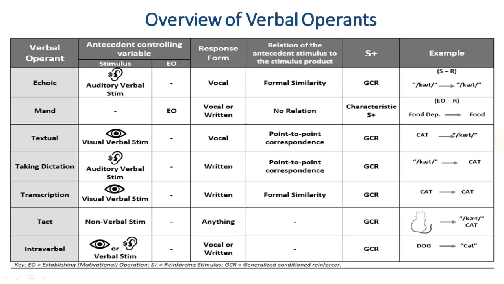The fifth column specifies the reinforcing stimulus, indicated here by an S+ symbol, where GCR stands for Generalized Conditioned Reinforcer. And the rightmost column provides an example for each of these verbal operants.